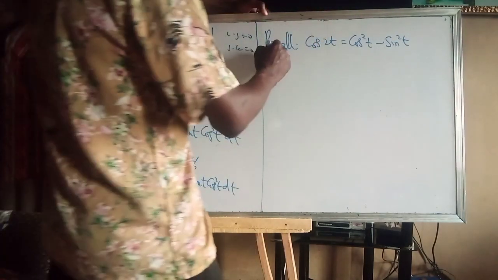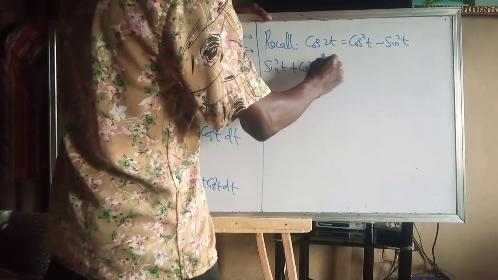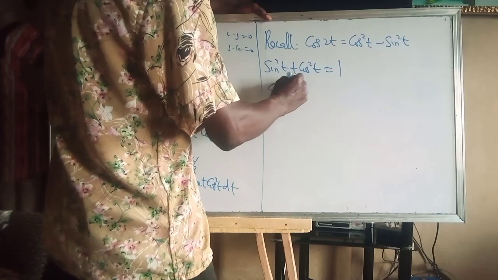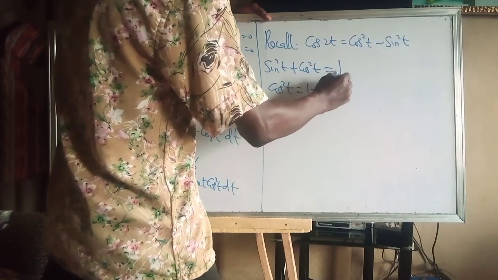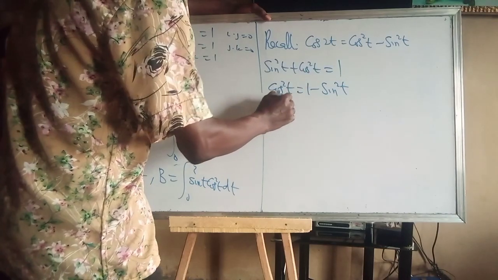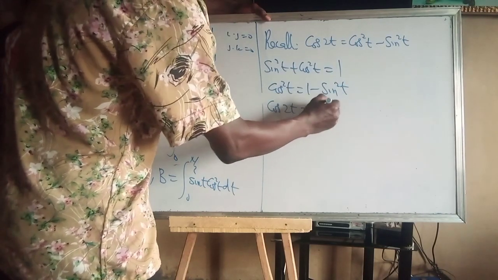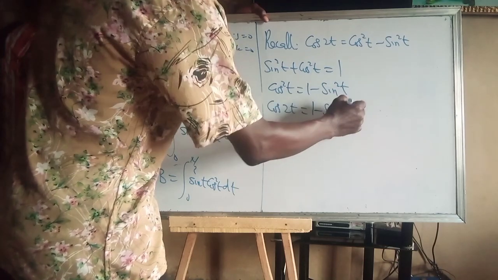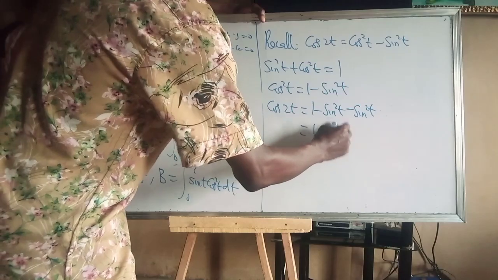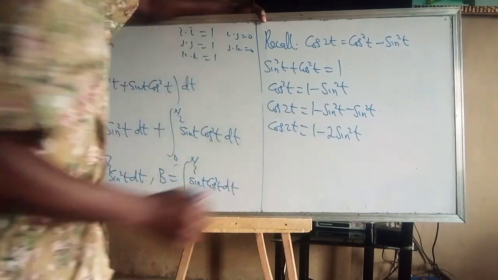And also sine square t plus cos square t is equal to 1. So here we have cos square t equal to 1 minus sine square t. Putting this in, cos 2t will be equal to 1 minus sine square t, then minus sine square t, so that is cos 2t equals 1 minus 2 sine square t.